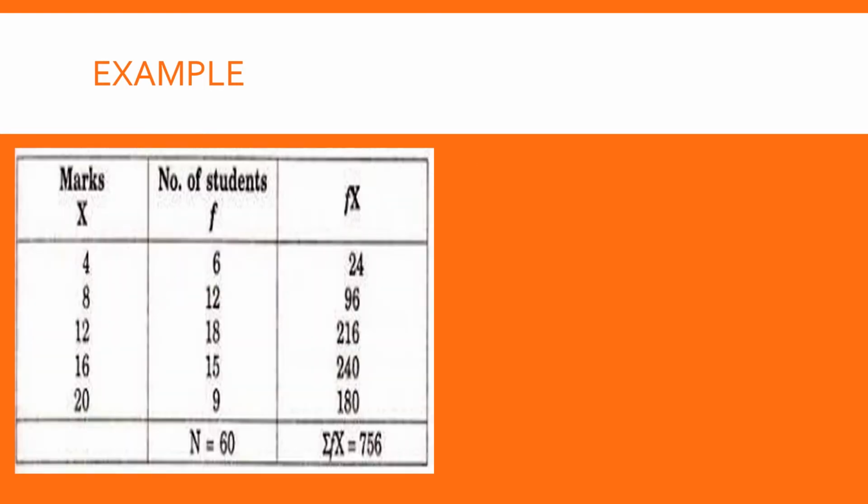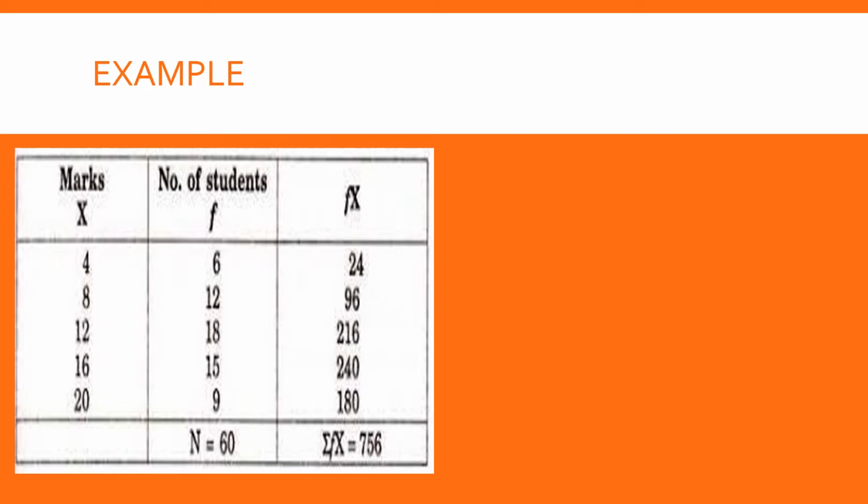Now sometimes the value of x is given, and the corresponding frequency to that value is also given. Here we can see that the mark 4 is held by 6 students, 8 is held by 12 students, 12 by 18 students, 16 by 15 students and 20 by 9 students.